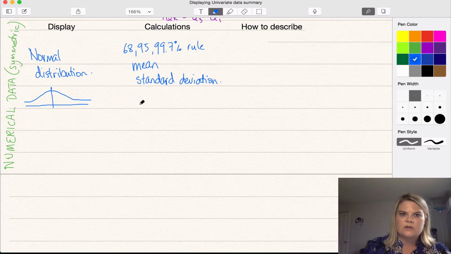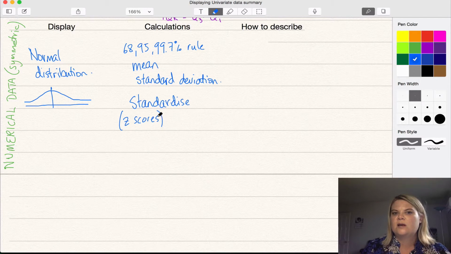We can also standardize normal distribution scores, and they're sometimes called Z-scores, and this will take any distribution and make it into an easy to understand normal distribution, as long as it's symmetric, so we can more easily find different points and see how the data is spread out.